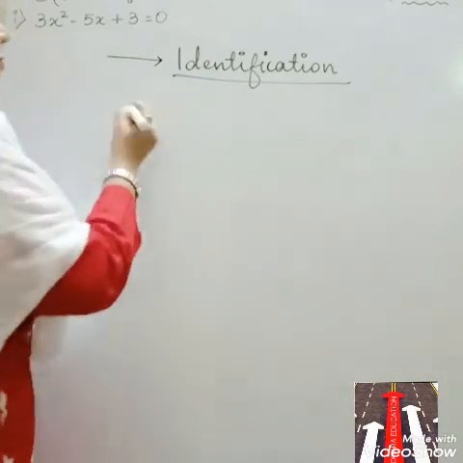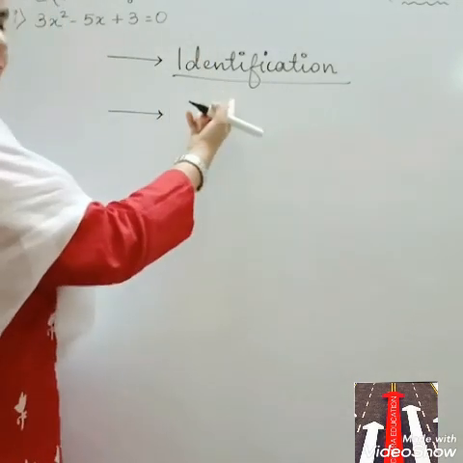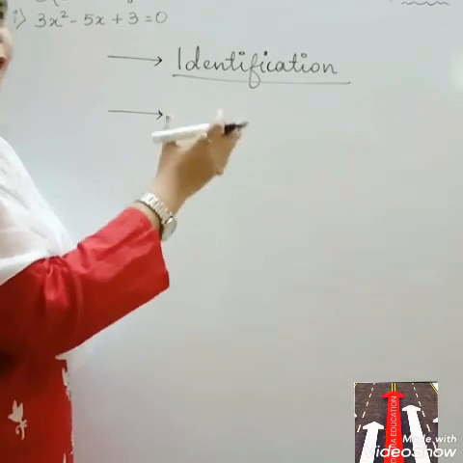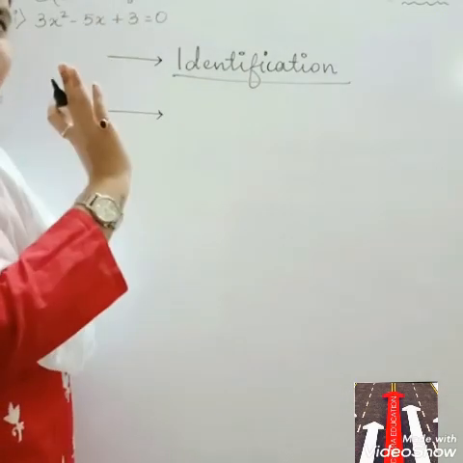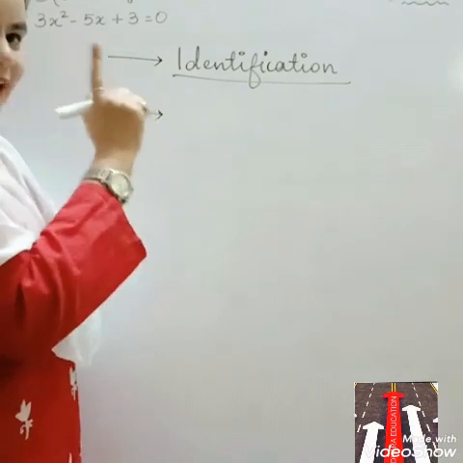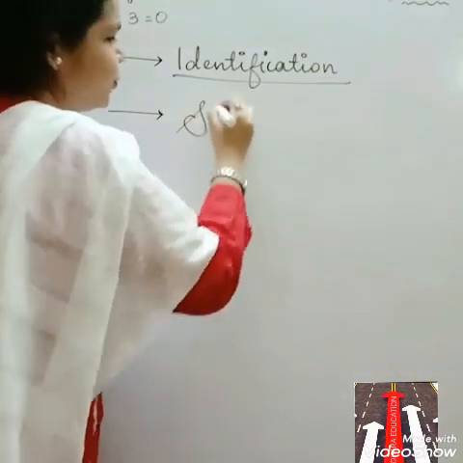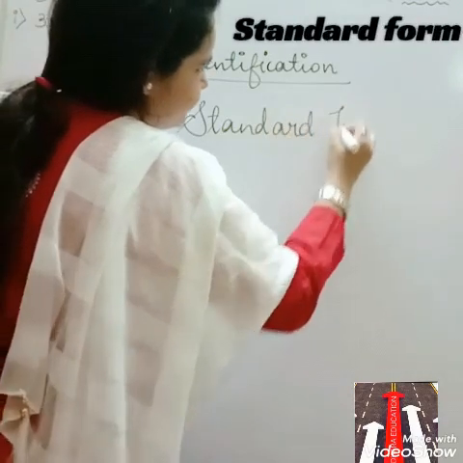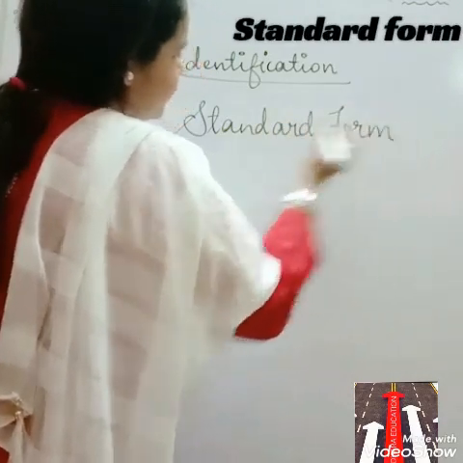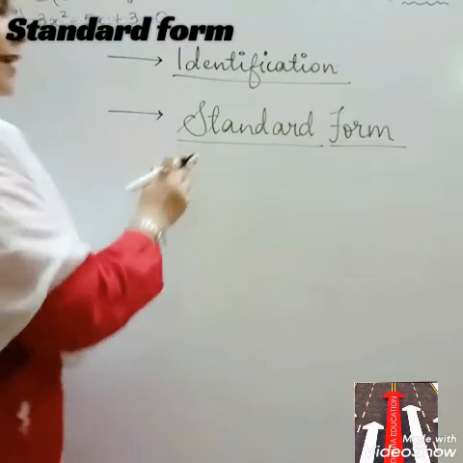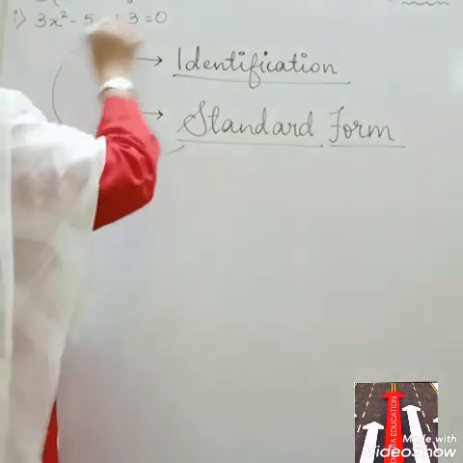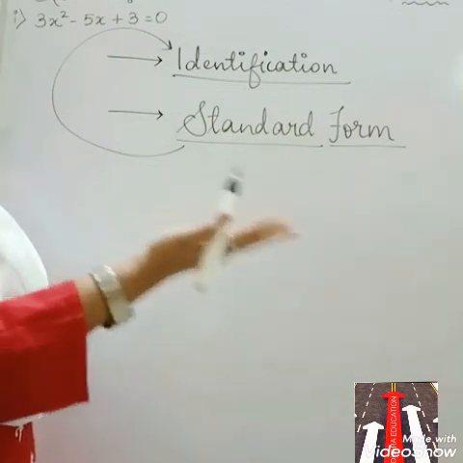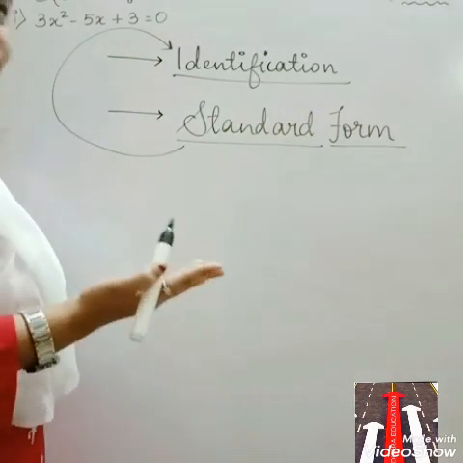The second rule is identification. To identify any of the forms, we have to remember our previous video in which I told you about the standard form. With the help of the standard form, we can identify whether the given equation is a quadratic equation or not.